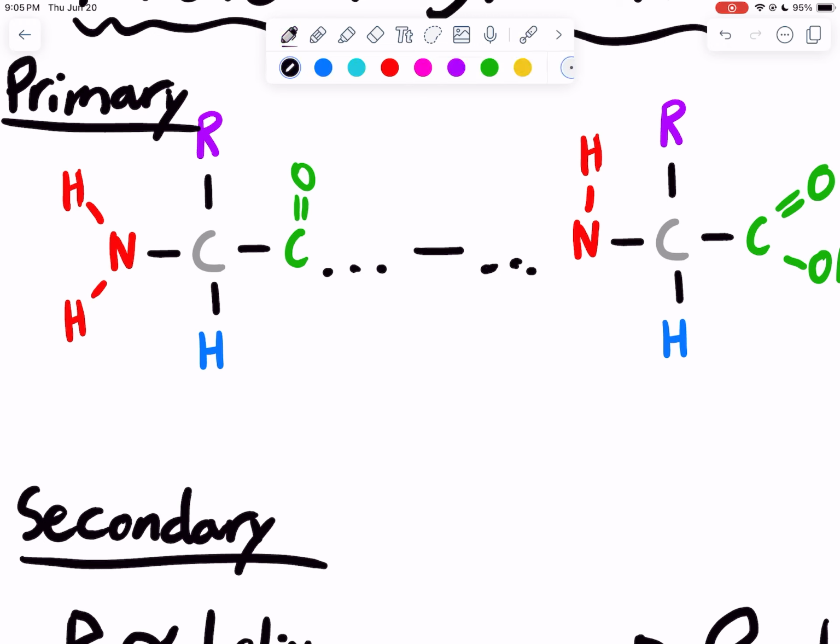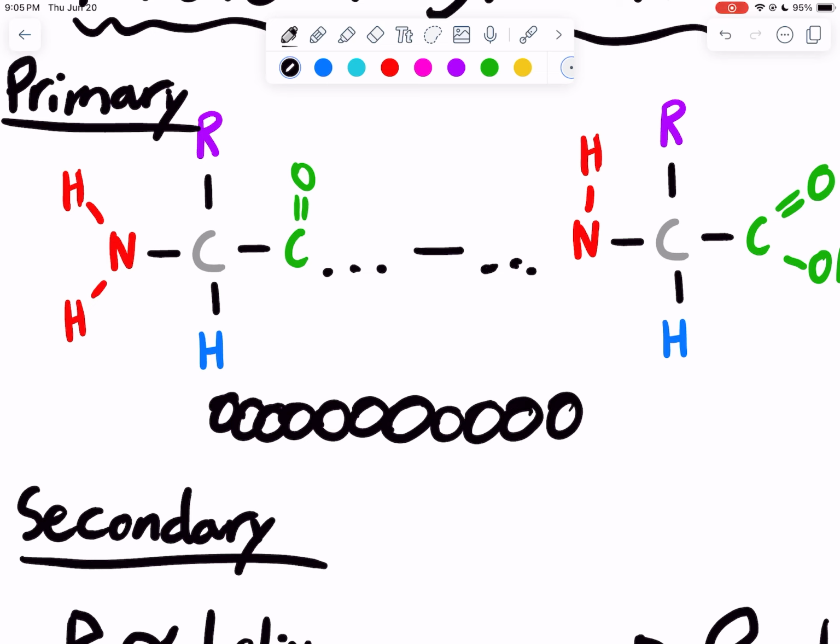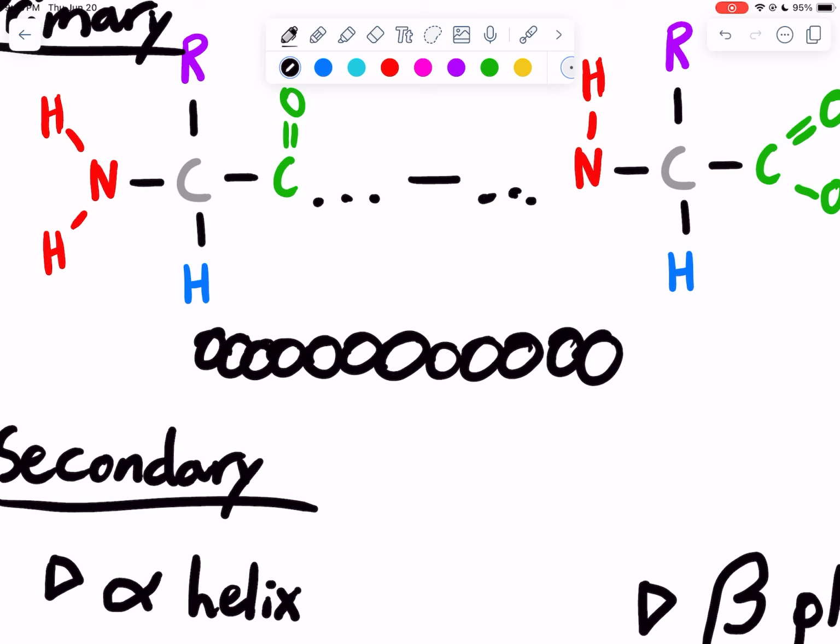So if we have like an amino acid string, pretend each of these is an amino acid, and this simply on its own is the primary structure of a protein. And this is important because knowing the string of amino acids, which is also known as a polypeptide chain, is super important for understanding the shape and therefore the function of a protein.